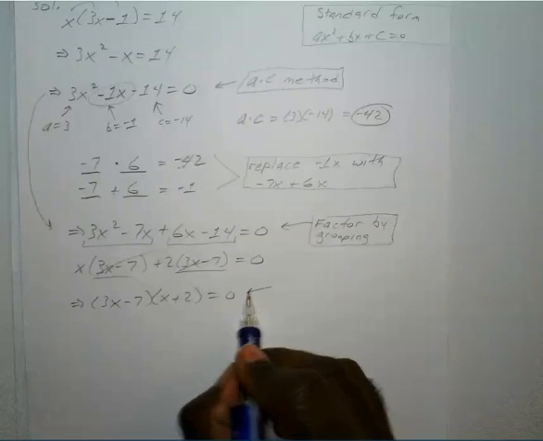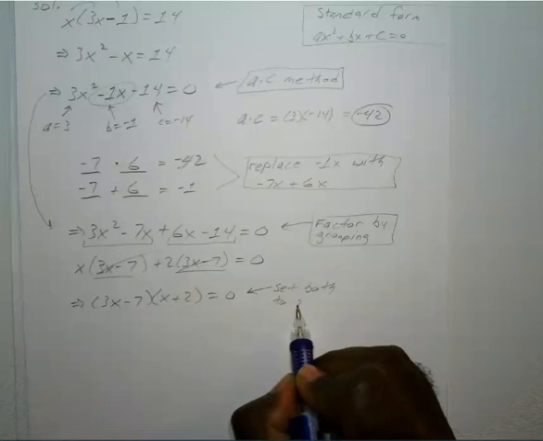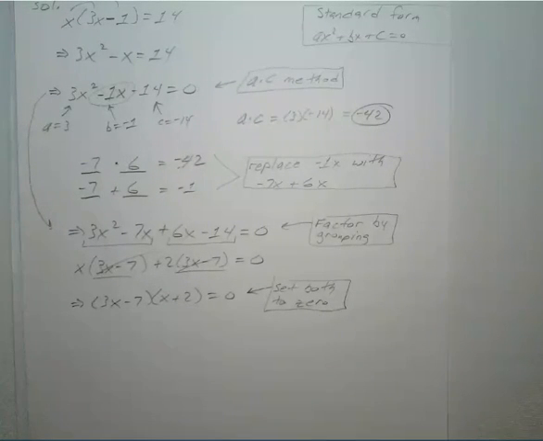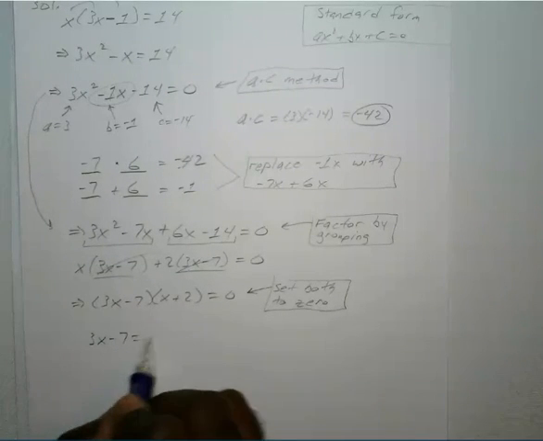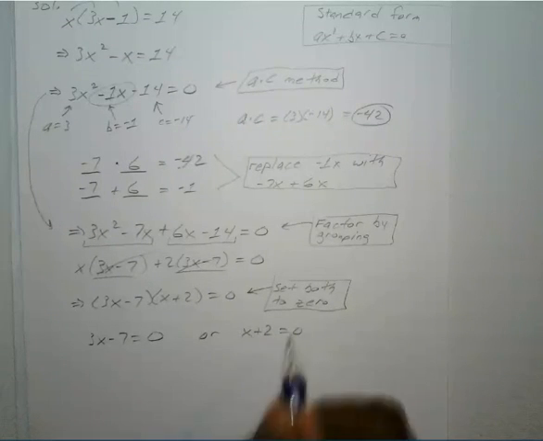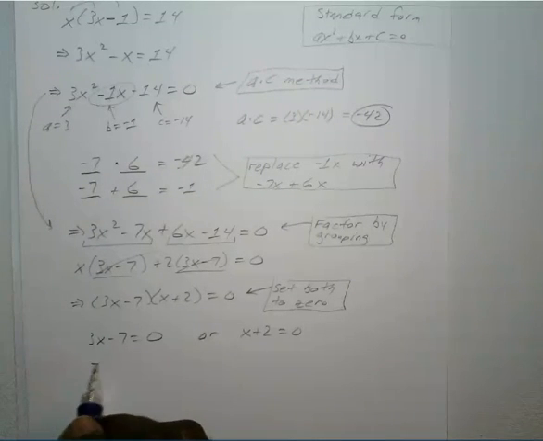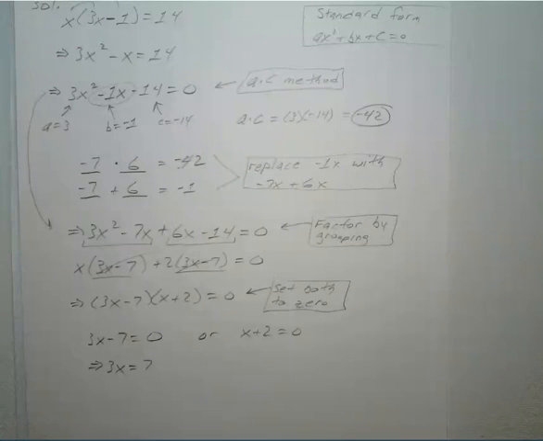Okay, so once again, we set both to 0. So that gives us 3x minus 7 equals 0, or x plus 2 equals 0. Okay, so here if we go ahead and add 7 to both sides, that gives us 3x equals 7.